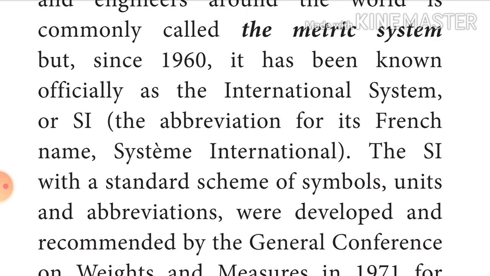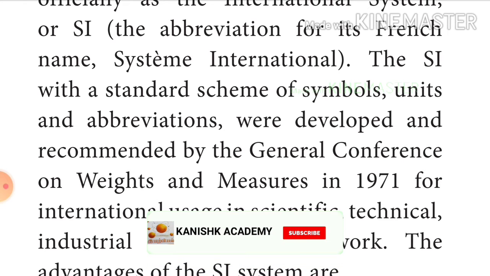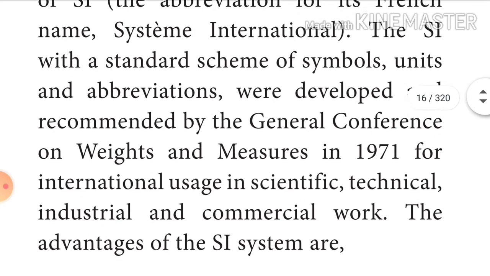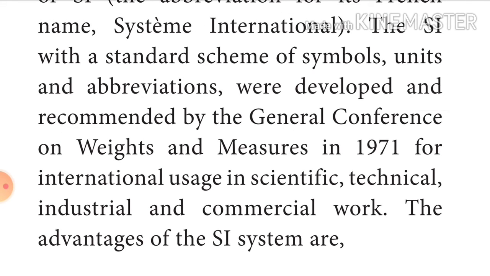The SI, with a standard scheme of symbols, units and abbreviations, was developed and recommended by the General Conference on Weights and Measures in 1971 for international usage in scientific, technical, industrial, and commercial work.